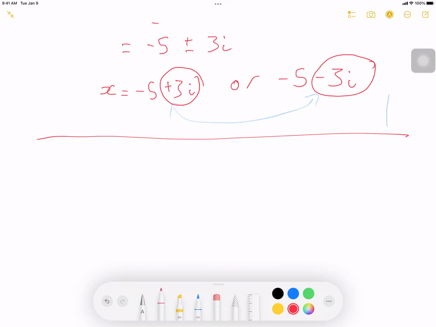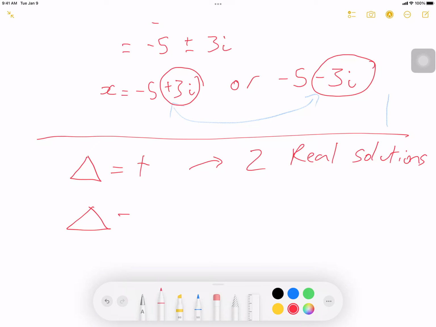Now, that's not the only thing that can come out of your quadratic equation. If our discriminant is positive, we still get 2 real solutions.